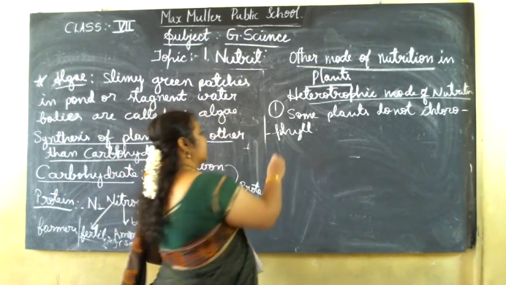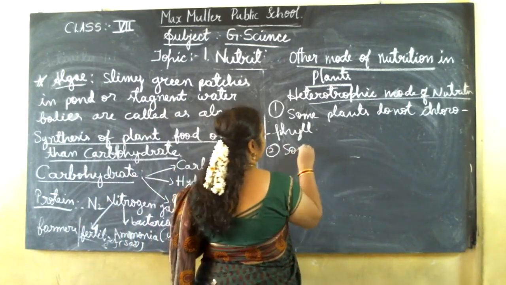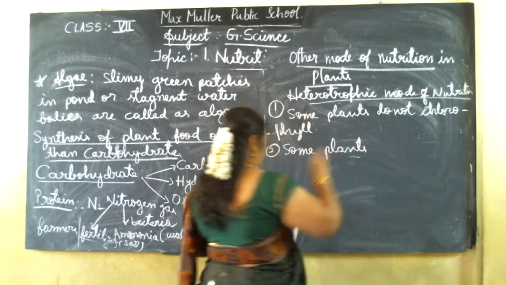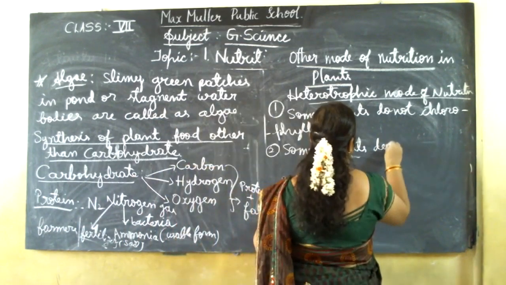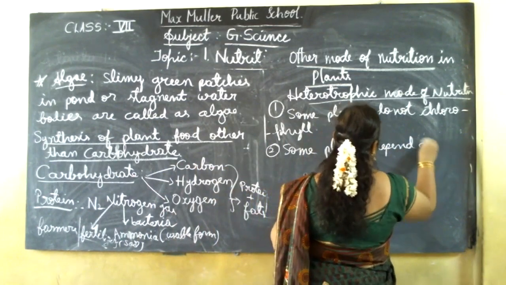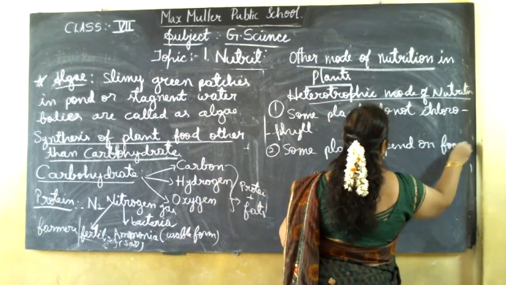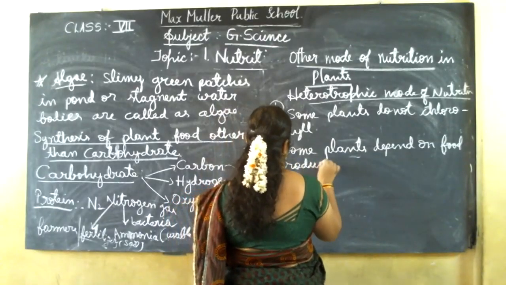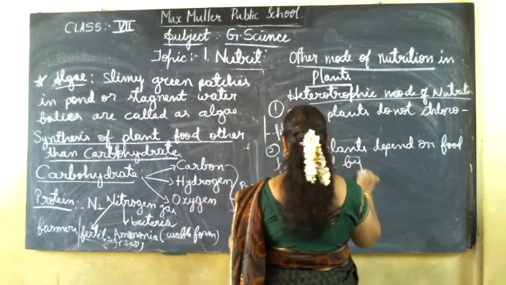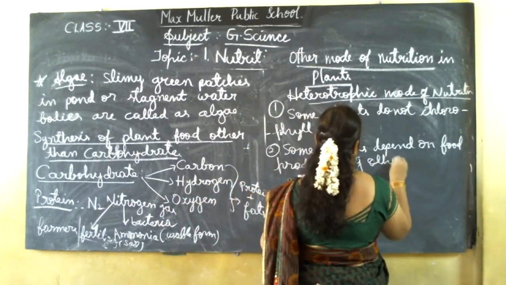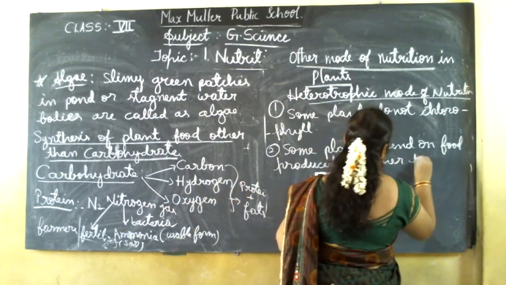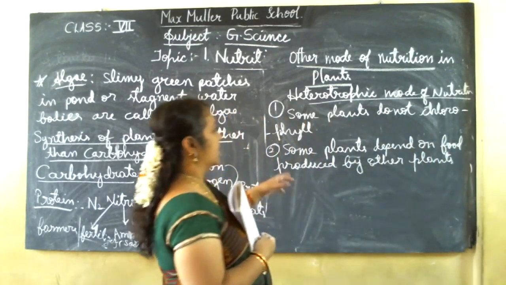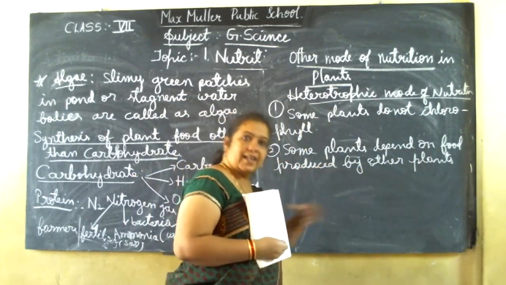Some plants depend on food produced by other plants. See, hetero means other, as I told. Since they cannot synthesize the food, they depend on the food produced by other plants.